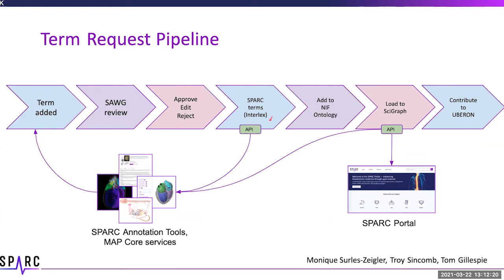But then, they can be placed back into Interlex so that the terms are available to the broader community, and then also added to more formal structures like the NIF ontology, and then potentially even contributed back to community ontologies, for example, Uberon, which deals with anatomical information.